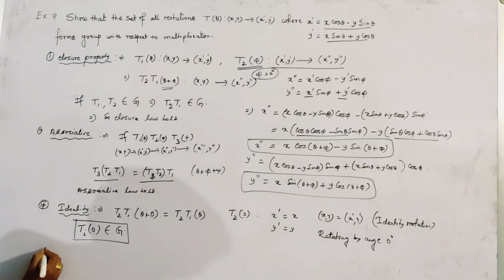And the last property, property number 4, is the inverse property. What is the inverse property?